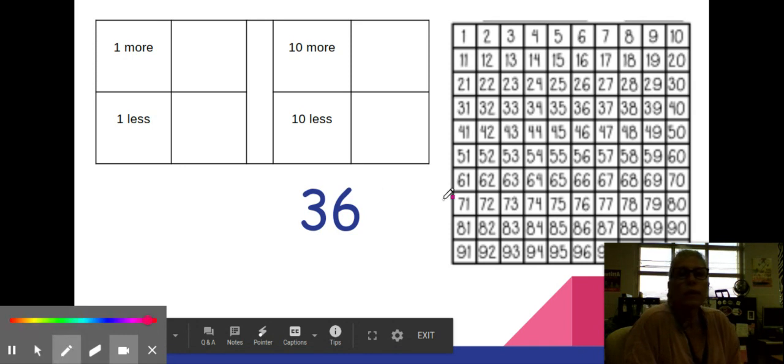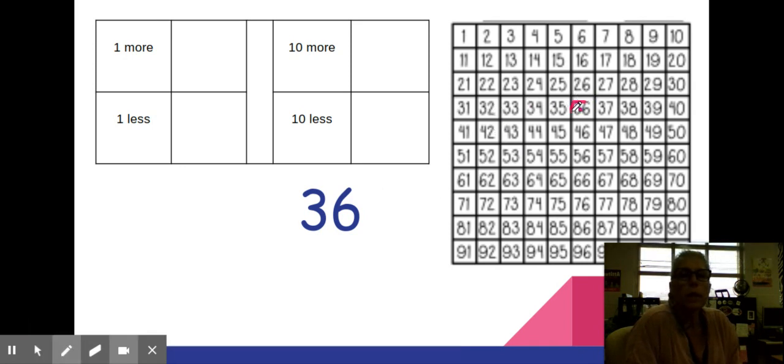So let's find 36. And if we move over here to the right, the next number is 37. The digit in the tens column stays the same, but the digit in the ones column got 1 larger. It was 1 more. 1 more than 36 is 37.